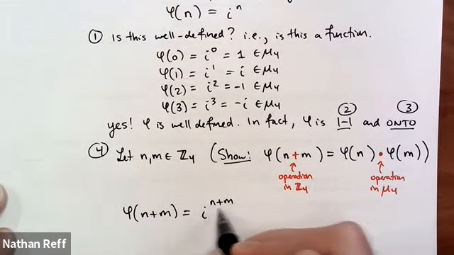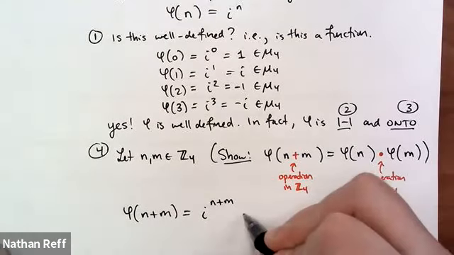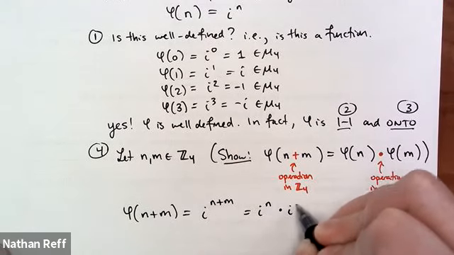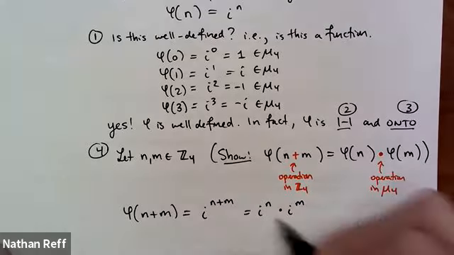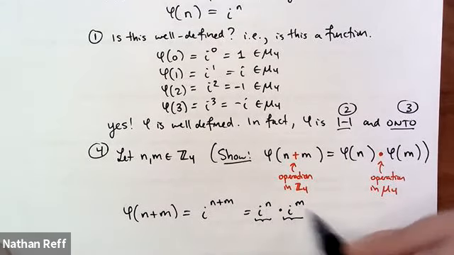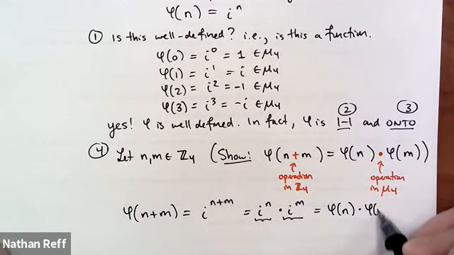So it'll be I to whatever the input is. And now, do I have any rules of exponents that come to mind? I'm trying to break this apart. So this is I to the n times I to the m. And that right there, this is phi of n, and this is phi of m, right? So this is phi of n times phi of m.